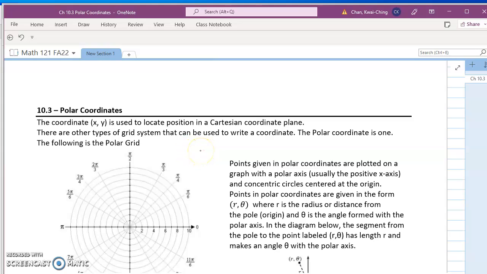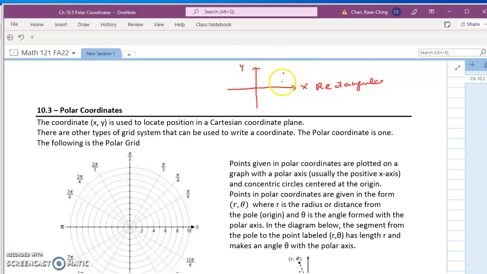Our old method of identifying a position in space is called the Cartesian coordinate system, because it was invented by Descartes, and basically it is x, y. It is also called the rectangular coordinate system, where you have the x-axis and the y-axis.